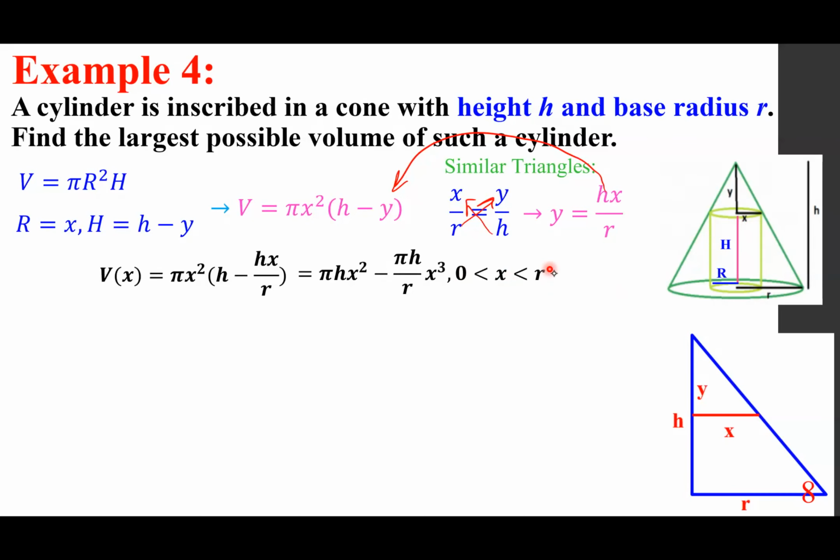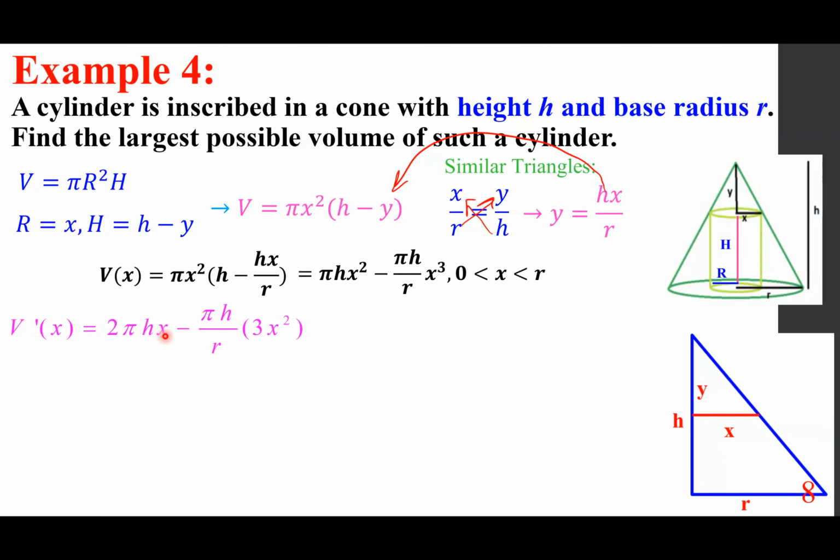So now we are going to differentiate. V prime of x is pi h times 2x, or 2 pi hx, minus pi h over r times 3x squared. And we can take the pi hx out.